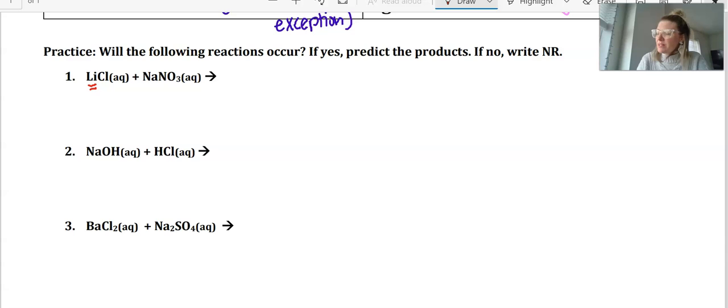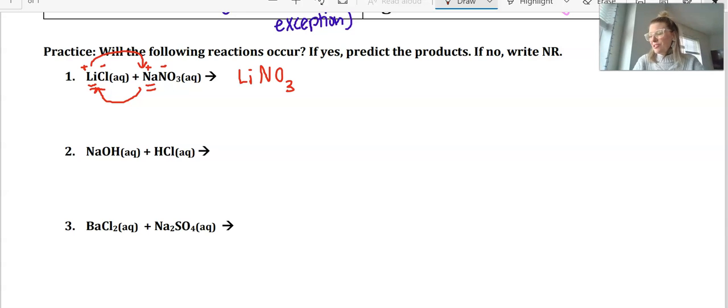So Li is going to swap with Na. Okay, we're going to get LiNO3. Again, you should determine all of the charges of these ions to see how they're going to combine. But lithium is a +1, sodium's a +1, chlorine's a -1, nitrate's a -1.